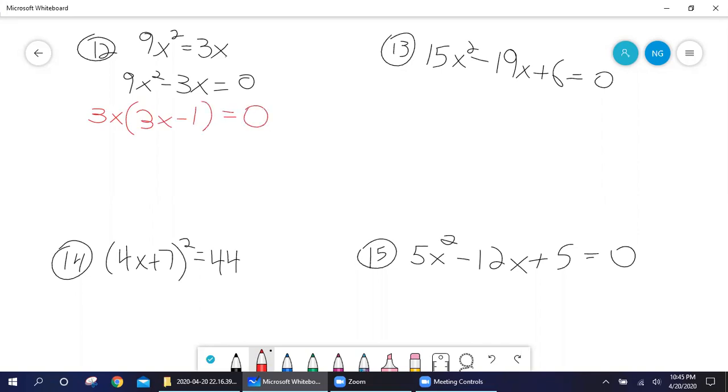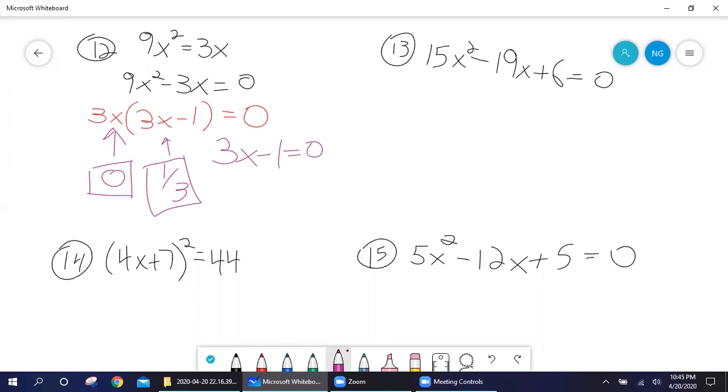So now I'm going to use the zero factor property. Basically, I asked myself, what would I plug in for x to make the entire left side equal 0? For the first x, that would just be the number 0. For the second x, that would be 1/3. And a reminder again, what I'm doing is I'm saying 3x minus 1 has to be 0, and I'm solving for x.